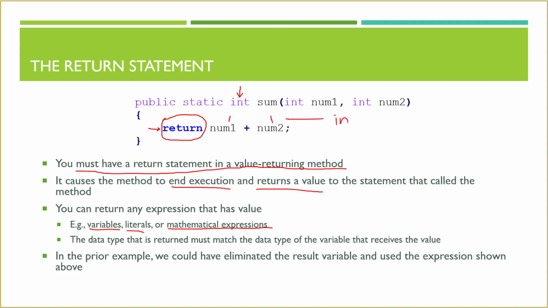Once those are added together, it will be an integer that'll work out. The data type that is returned must match the data type of the variable that receives the value. So if I say I'm returning an int, I better return an int, and whatever I try to store this return value in also needs to be an int.